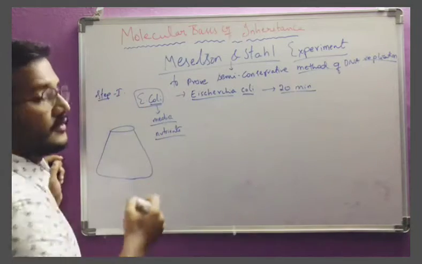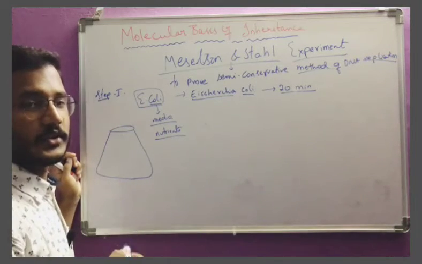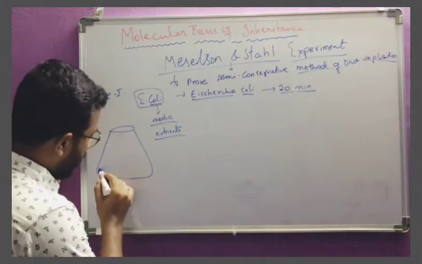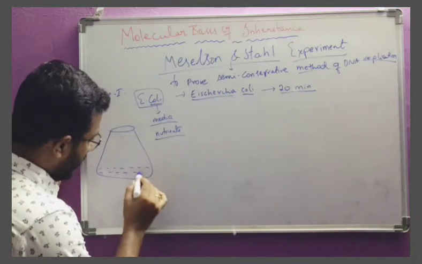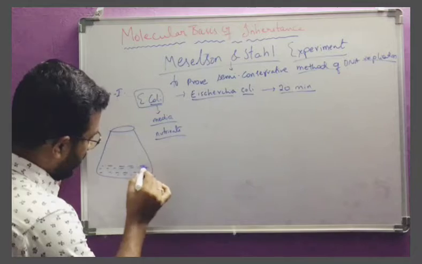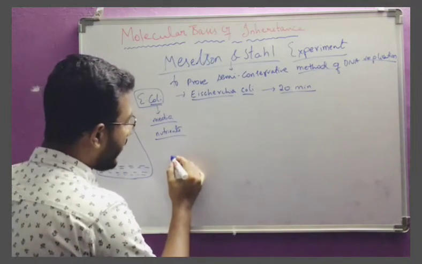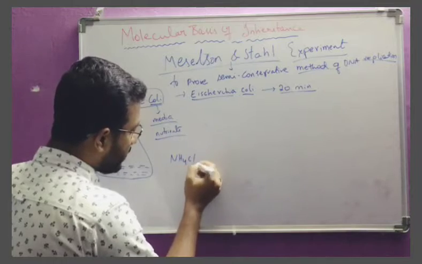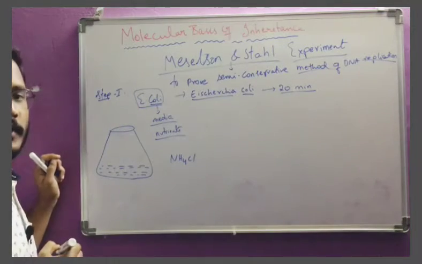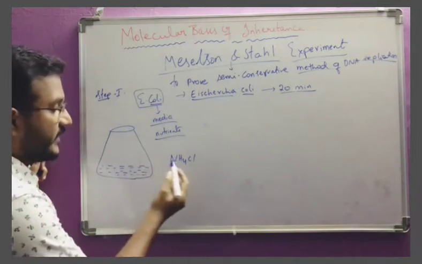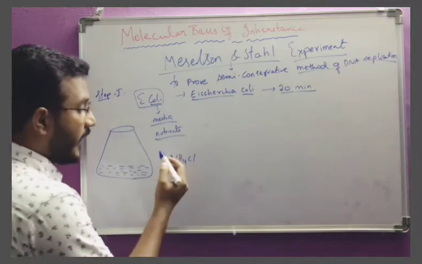They will take the nutrients and they will start division. So first of all, we fill the conical flask with the media, nutritive media, and in that media what they had taken, this salt NH4Cl.